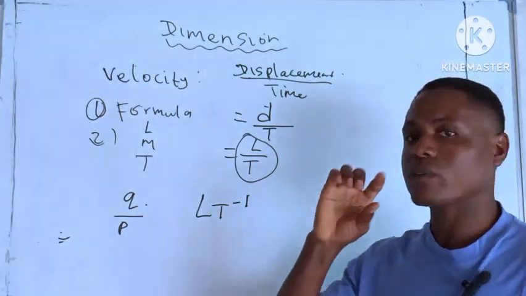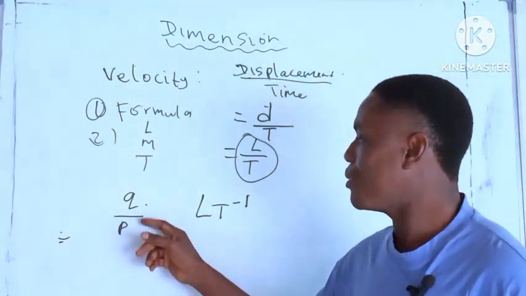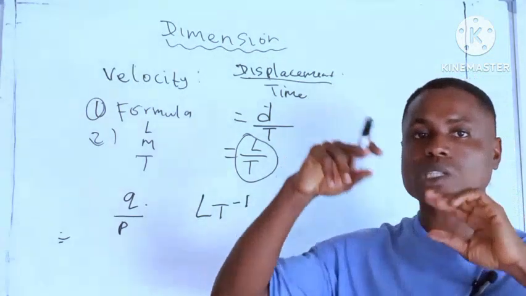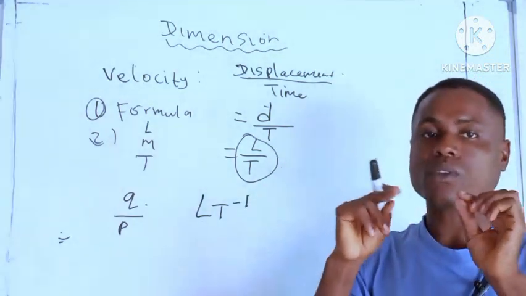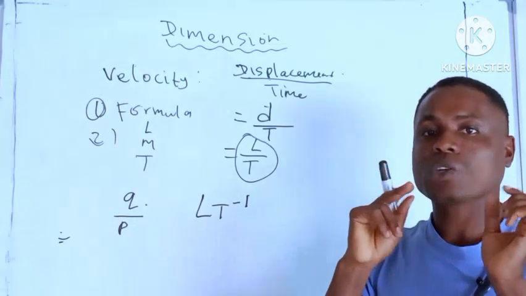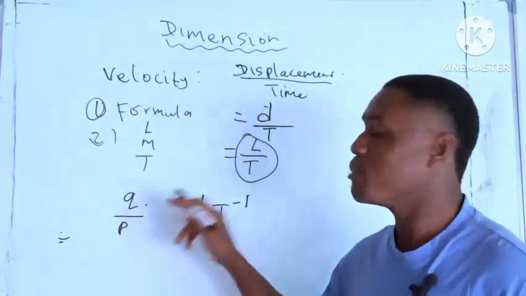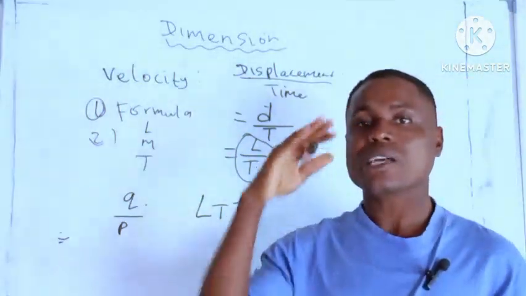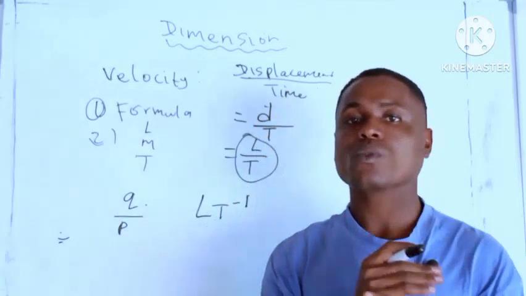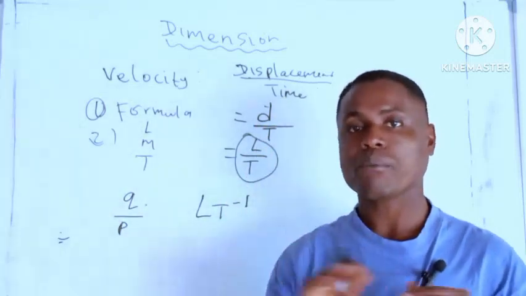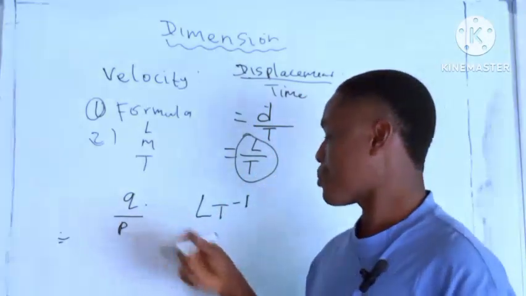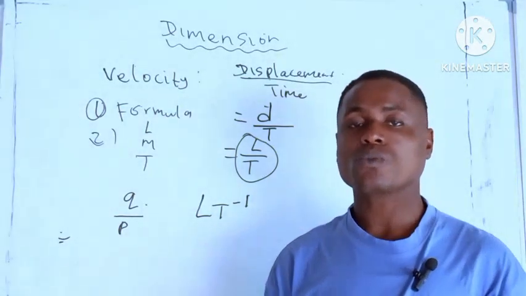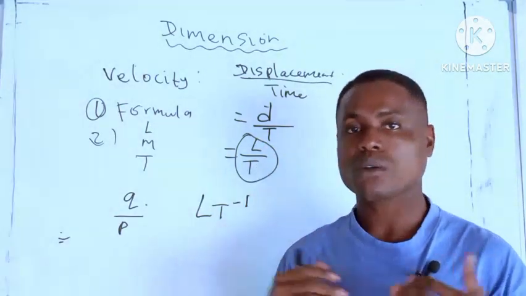So for you to convert this to this form, there is one of the laws of indices. It says that if the middle is division, then the exponent will be negative. Are you getting it? If the middle is division, the exponent or the upper numbers, we will change it to minus. But if the middle is times or multiplication, we will change the upper numbers to plus.